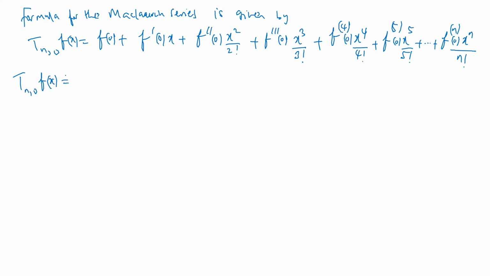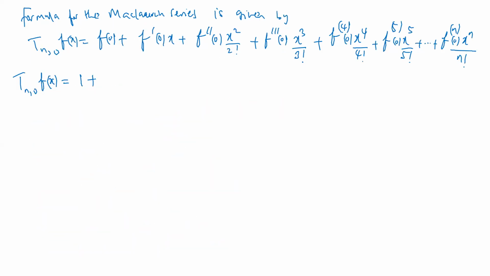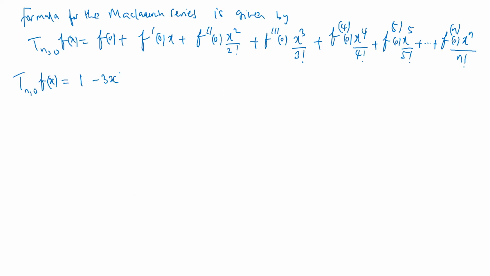What is f of 0? 1. So you put 1 here. What is f prime of 0? Minus 3, so minus 3x. What is f double primed of 0? 9, so plus 9x. What did I do here?